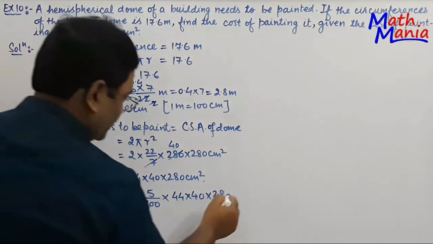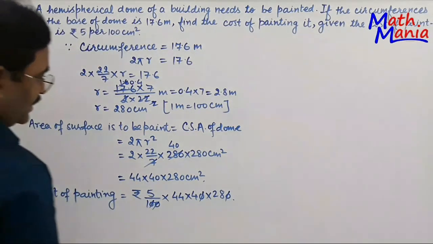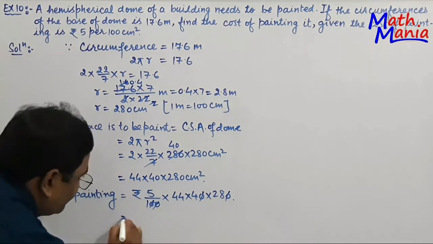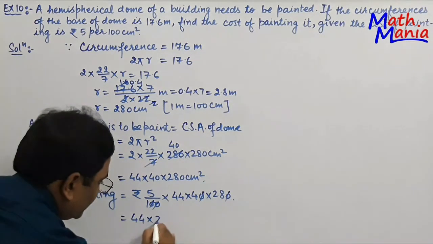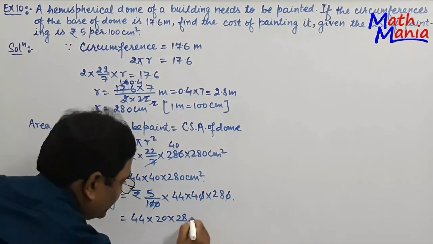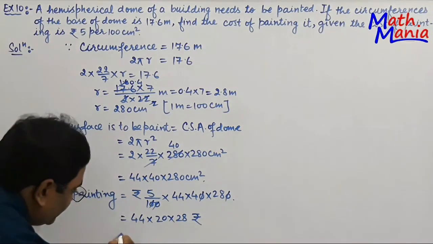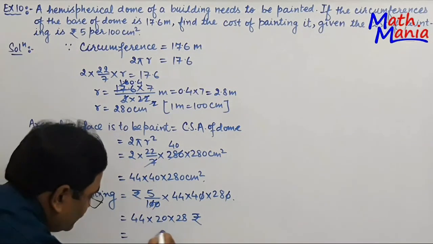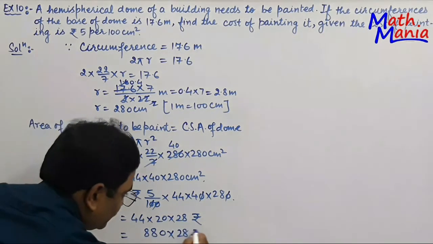Simplify करते, both the zeros are cancelled. Now 5 4s are 20, 44 multiplied by 20 multiplied by 28 rupees. Let's simplify it. We will get 2 4s are 8, 2 4s are 8 multiplied by 28 rupees.